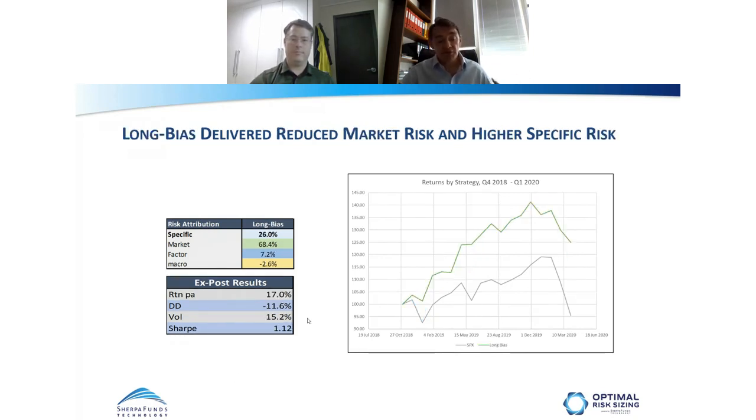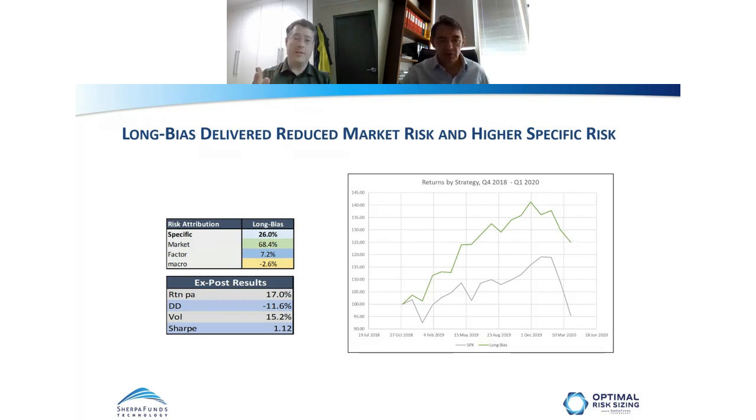If you're long bias, in this case, what are we at? 150 long, 100 short. You have more specific risk. You'd expect that, and less market risk. And again, there's good alpha in the selections. And actually, this one works out pretty nicely. You don't suffer as big a drawdown as the S&P.